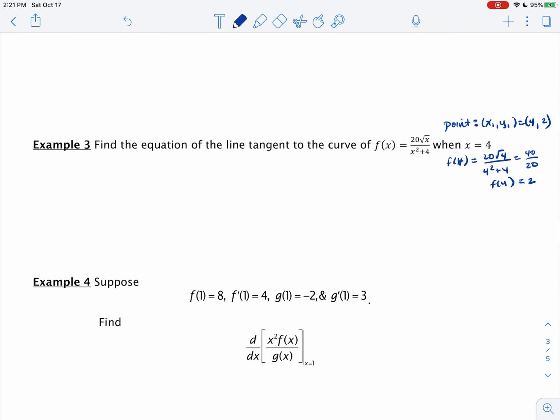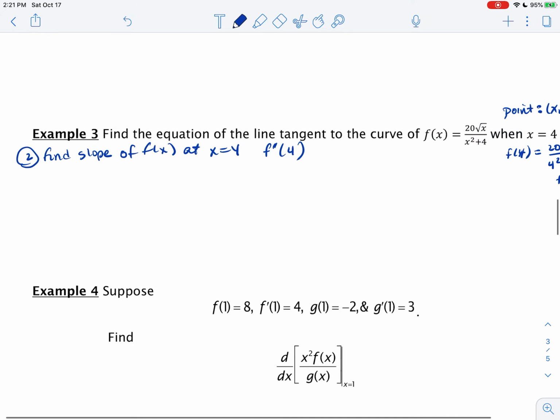What's our second? Find the slope. So we want to find the slope of f of x at x equal to 4. So we will be evaluating f prime of 4. And we don't have to use the limit definition. We can now take the derivative using the quotient rule and then evaluate it at x equal to 4. So here we go.